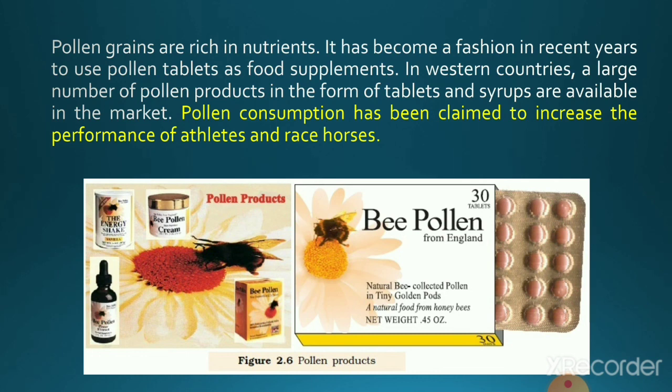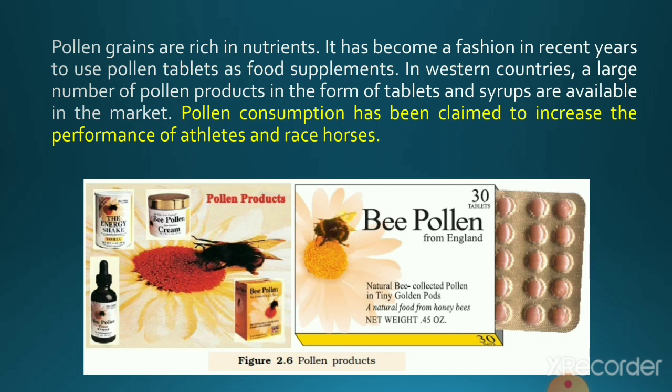Now, remember one thing, as we have already discussed a few slides back, the exine of the pollen grain is made up of sporopollenin, so it cannot be decomposed or digested, but it has a germ pore.